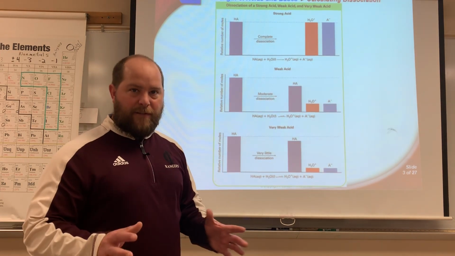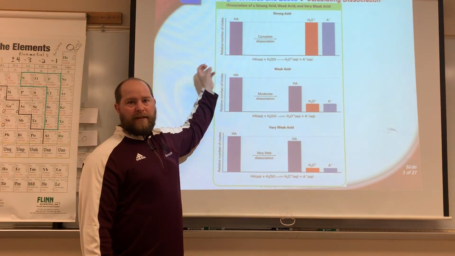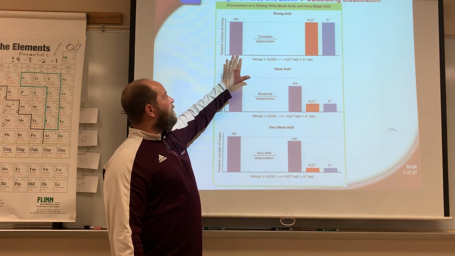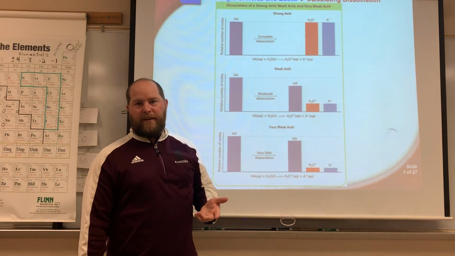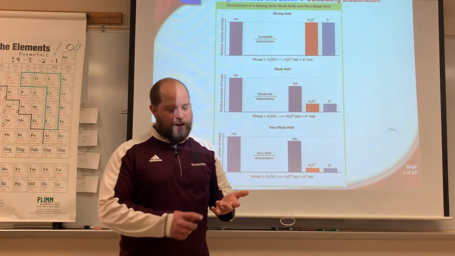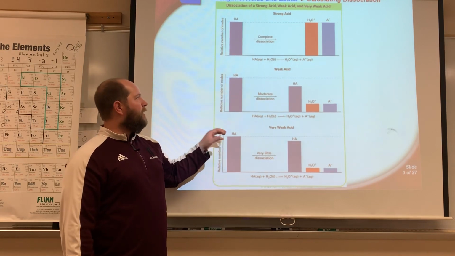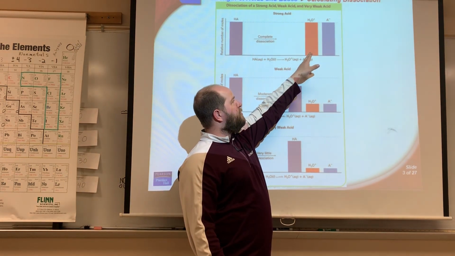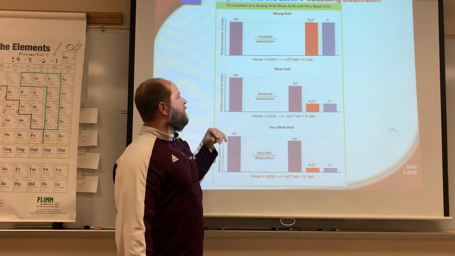To give you a visual of what I'm trying to say, a strong acid completely dissociates. You start with HA. The diagram uses HA because it's the general form, since acids have a hydrogen in them. When it completely dissociates, you get the hydronium, H+, and the anion, which is what A stands for.